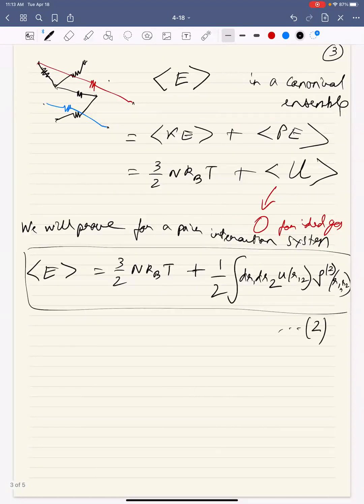Does this equation make intuitive sense? I mean, kinetic energy, we know it's just equipartition. Does the term for potential energy, is there anyone to whom it looks like, oh yeah, that makes sense? For this, you have to go back and remember what was rho 2.